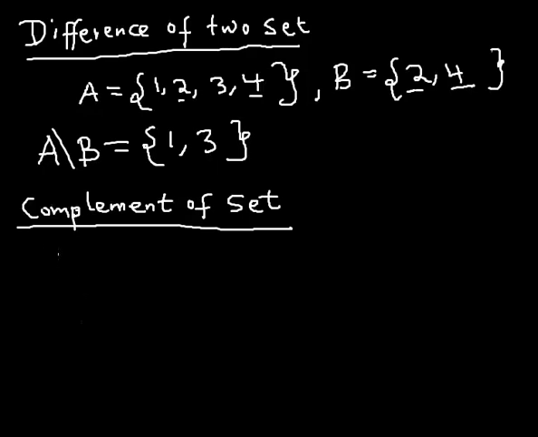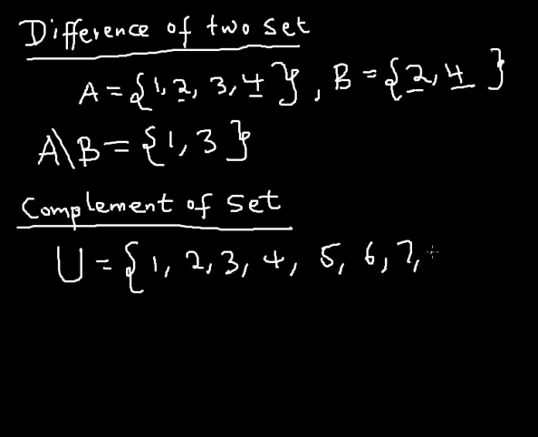For example, let's say you have the universal set equal to 1 2 3 4 5 6 7 8 9 and 10.